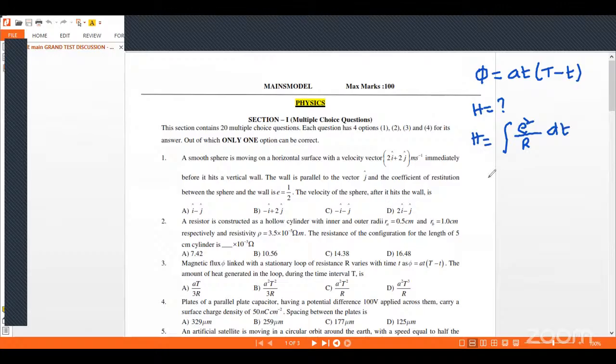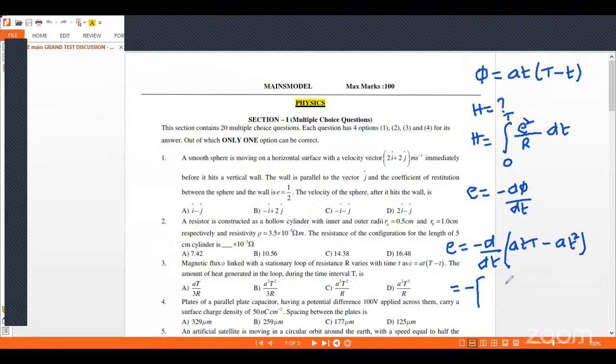They asked during a time interval, so 0 to capital T. Since E equals minus d phi by dt, minus d by dt of phi I can write as A small t into capital T minus A t square. Upon differentiation, we'll get A capital T minus 2A small t.